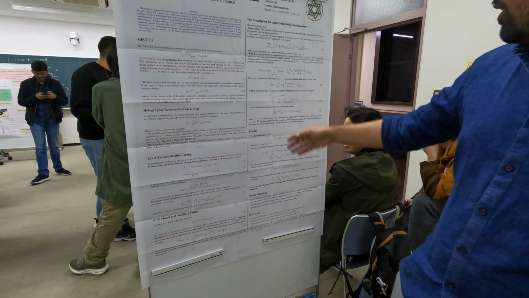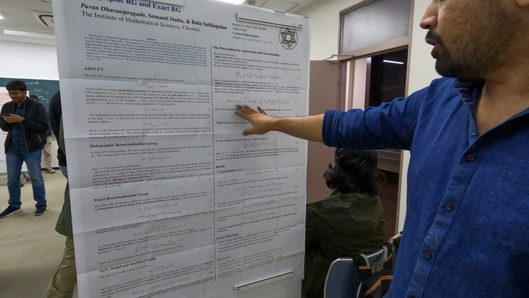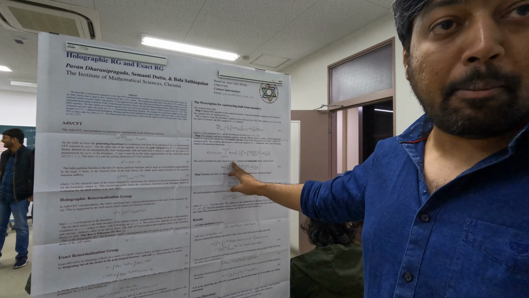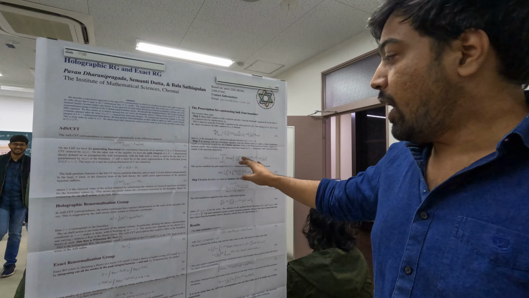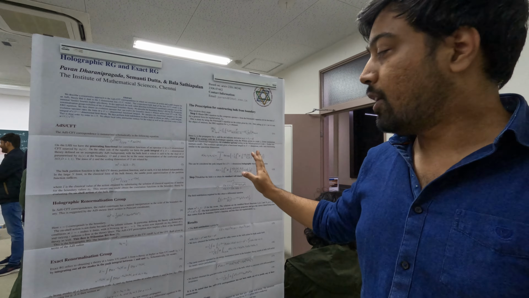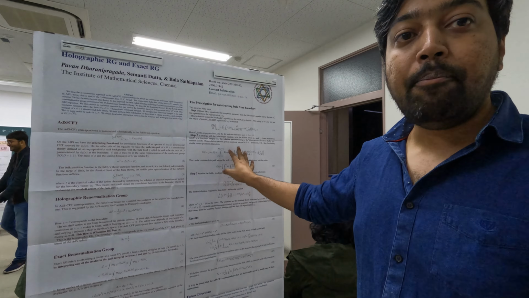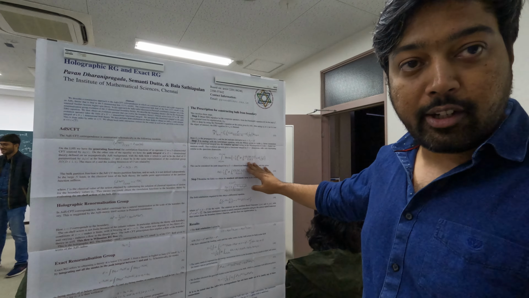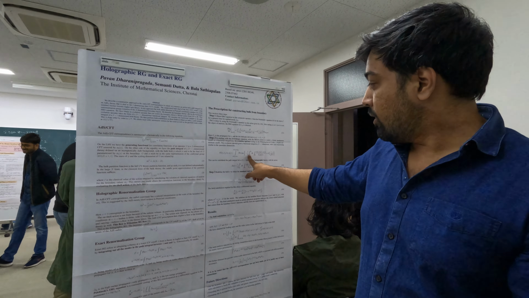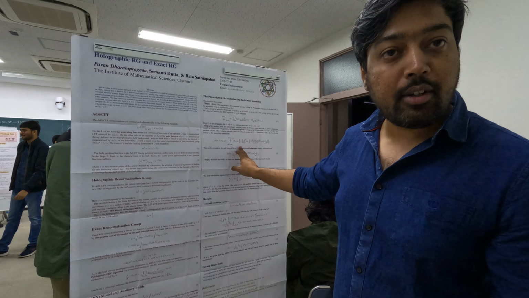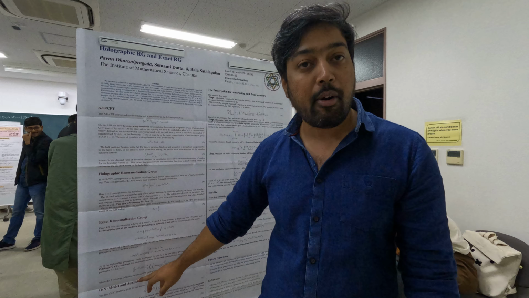So we can write down the path integral solution to this, which is a d plus 1 dimensional functional integral. But now we claim that this describes the path integral for a d plus 1 dimensional theory. Here this extra dimension came out of the RG scale of the boundary theory.